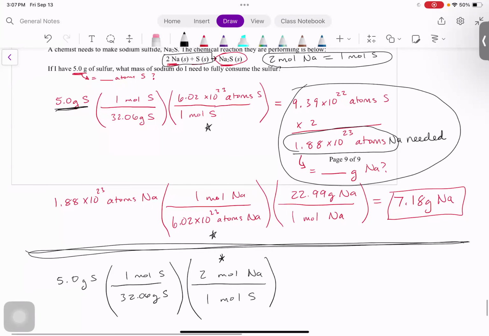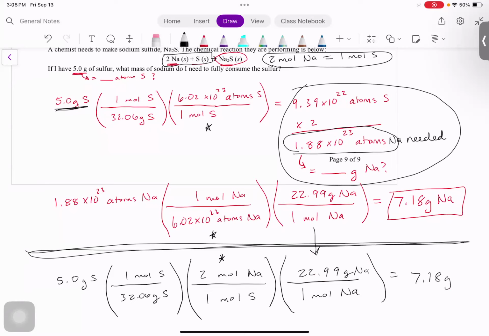And then once I know the moles of sodium, I'm just taking this last step, converting my moles to grams. 1 mole of sodium has a mass of 22.99 grams of sodium. And if we do this across, we get 7.18 grams of sodium, the exact same answer that we got before.